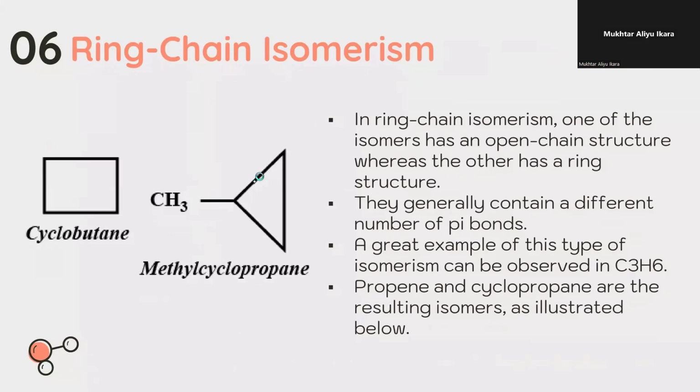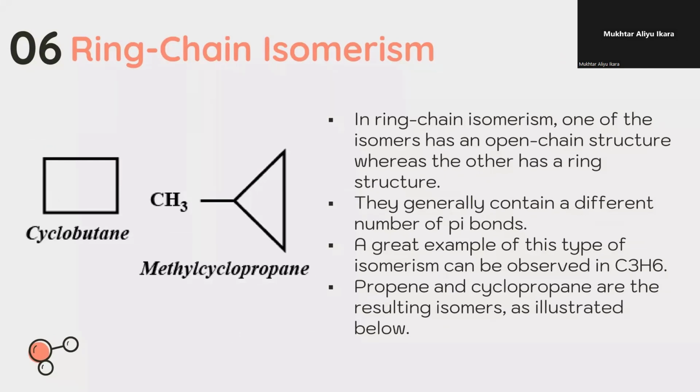The most important thing that we need to understand is that this type of isomerism is usually found when a compound contains a different number of pi bonds, like for example in the case of propene and cyclopropane.